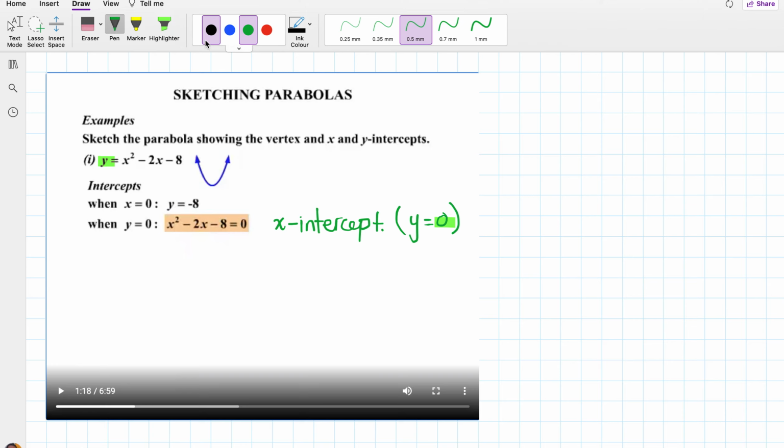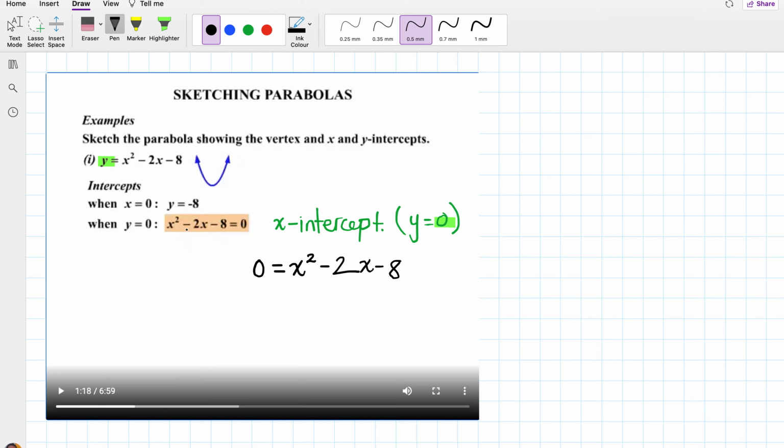So when you do that, you have 0 is equal to x squared, take away 2x, take away 8. Sorry, my webcam is not working very well.